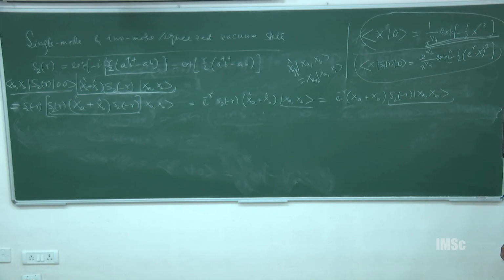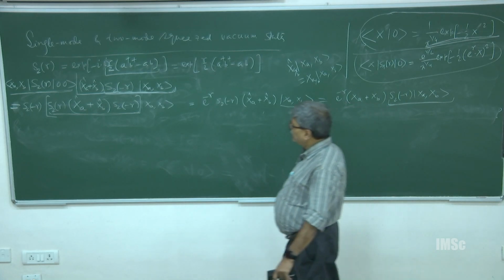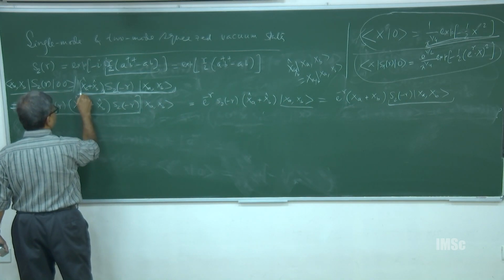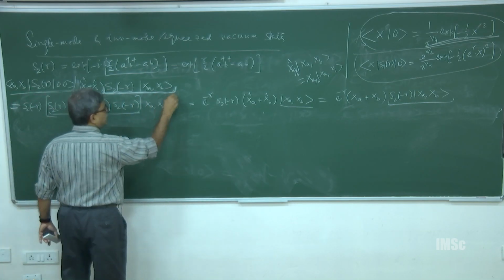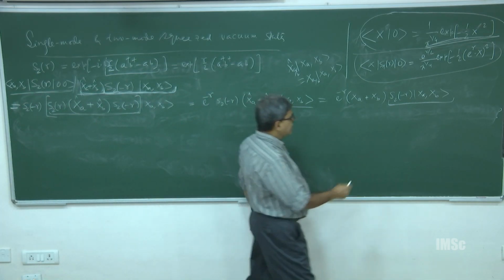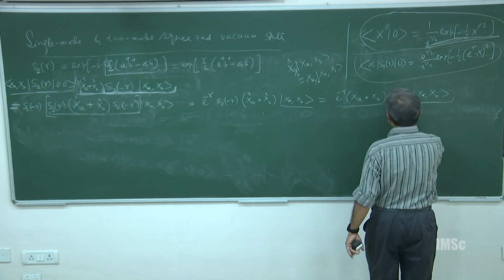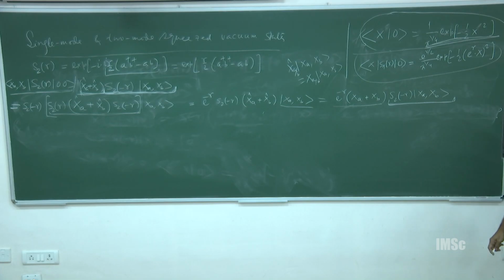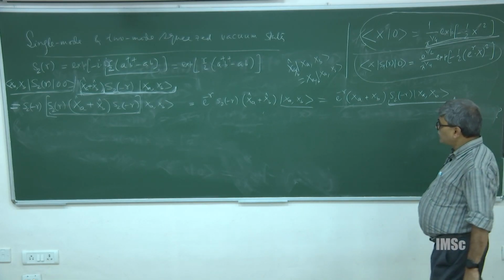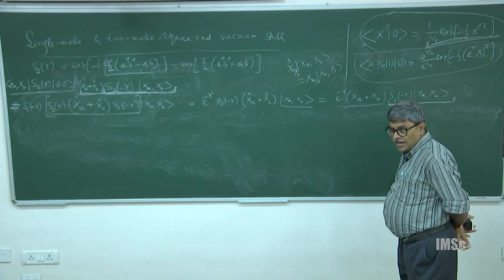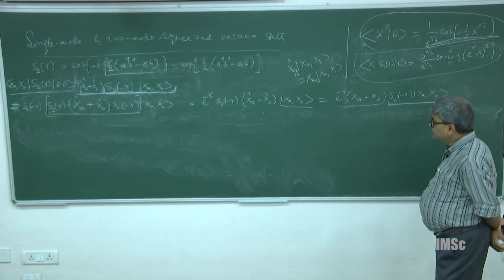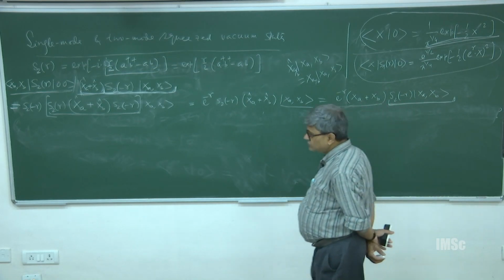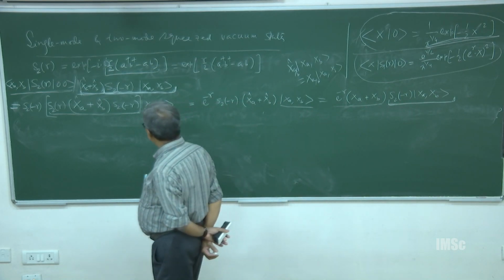You see, XA plus XB acting on this state provides you this factor times the same state. Eigenvalue equation. So what can you say about the eigenvector? The eigenvector of the operator XA plus XB is this one, S2 minus r.